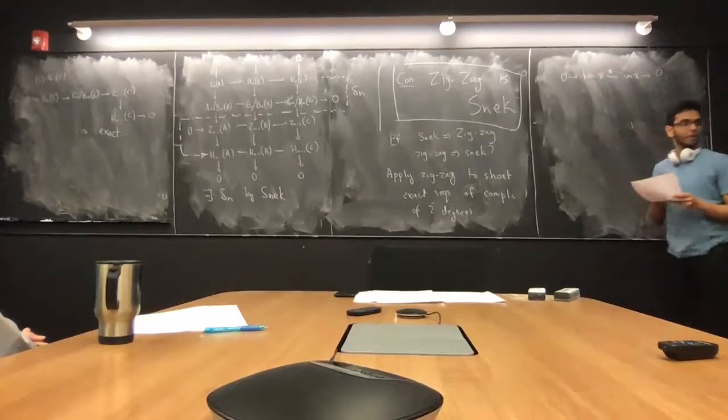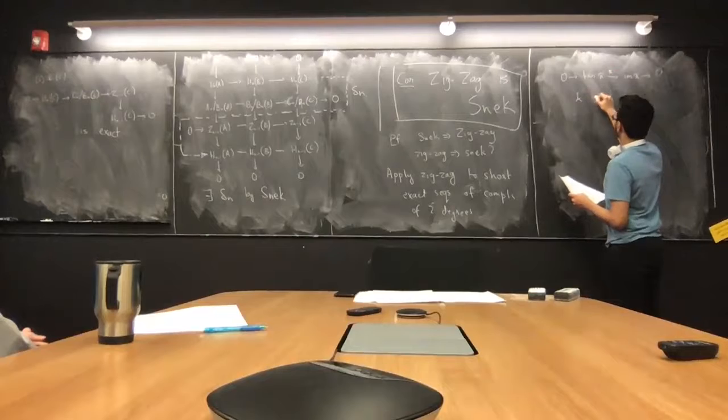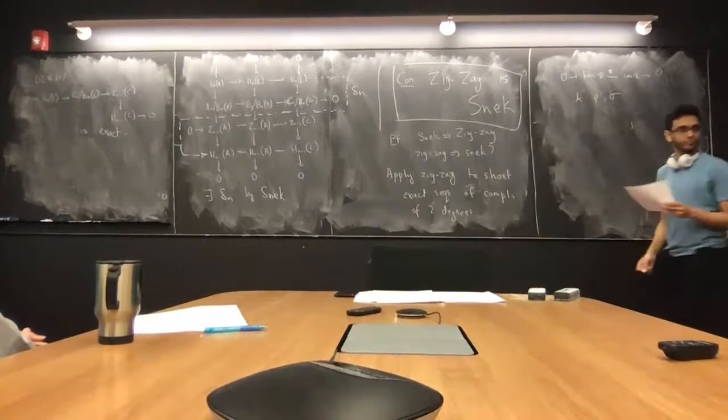This map is pi, and similarly maps rho and sigma.